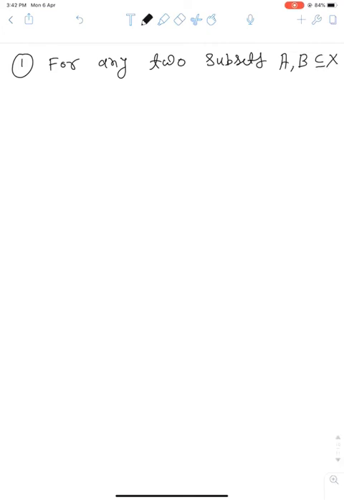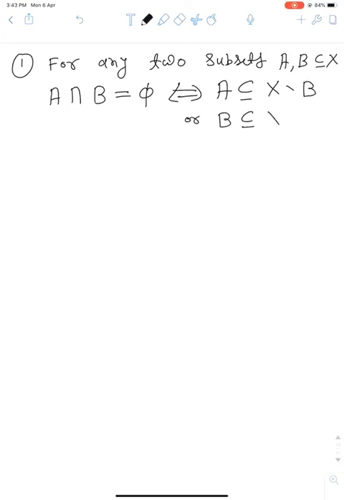So first of all, for any two subsets A, B of X, A intersection B is empty if and only if A is a subset of X minus B or B is a subset of X minus A. Now this is clear, right?